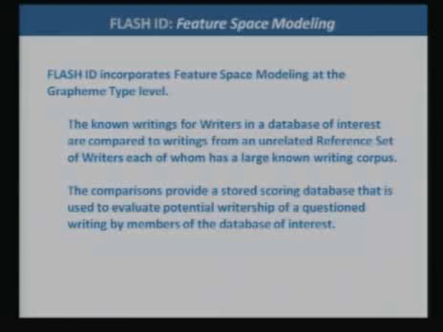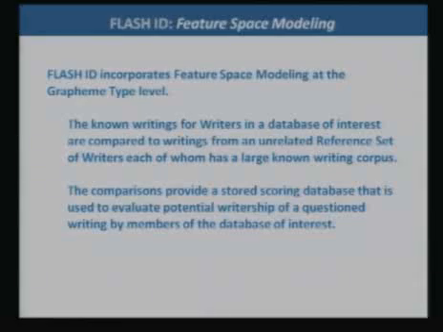Flash ID incorporates that grapheme type level modeling. In order to do it in Flash ID, we require an independent, a different reference set of writers, each one of which has a large corpus of writing.